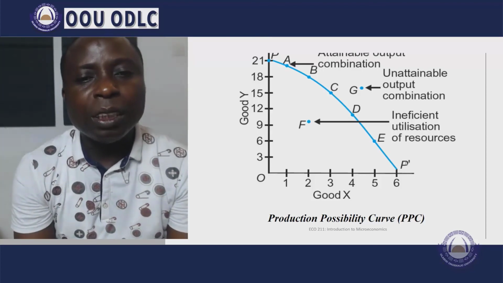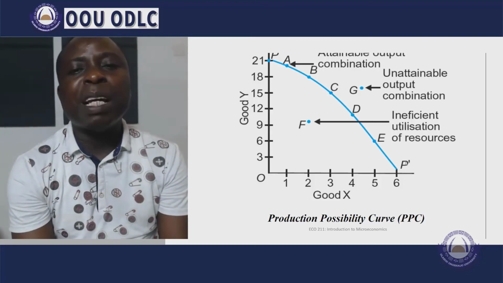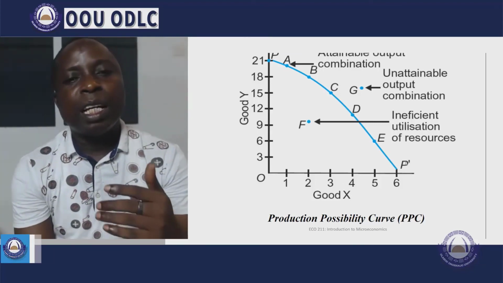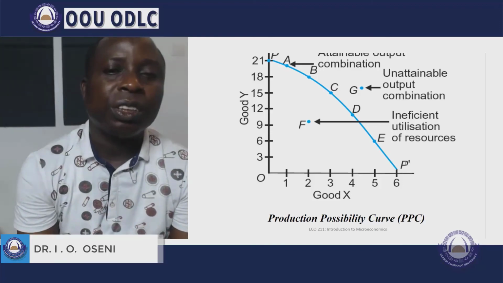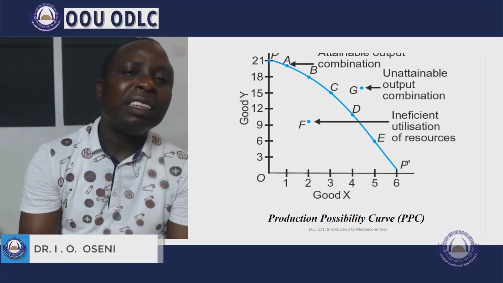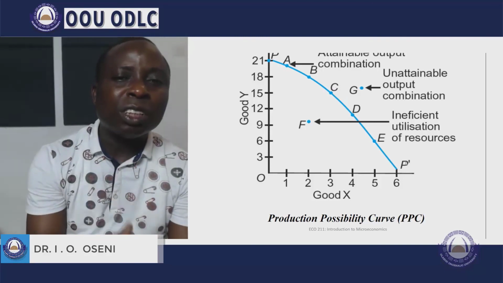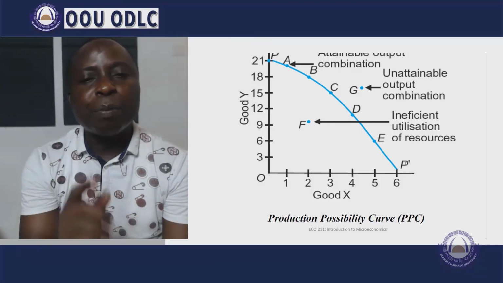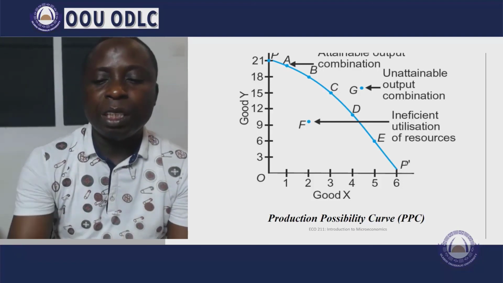And this point can be achieved as a result of economic growth. And once there is a sustainable increase in the growth of the economy, that point G will be achieved.